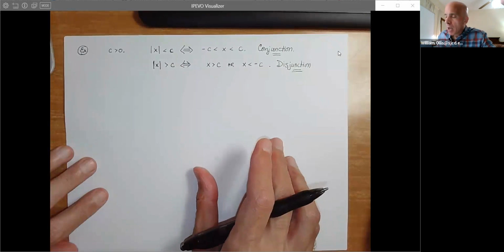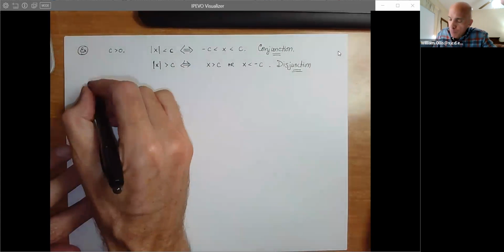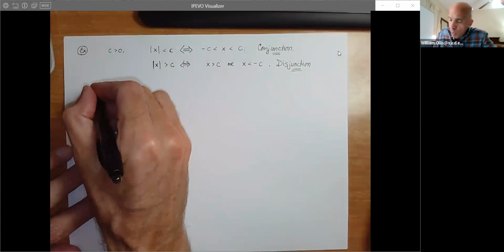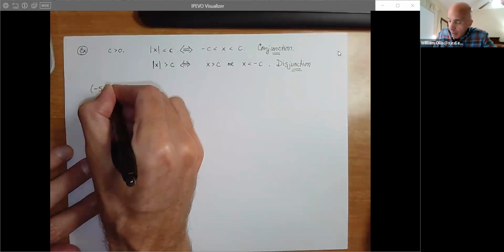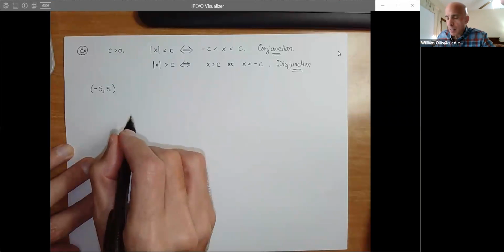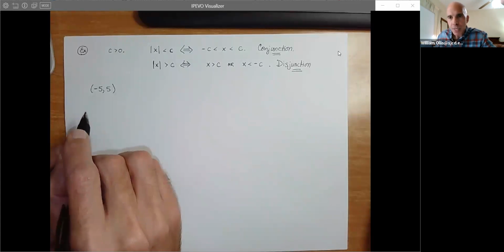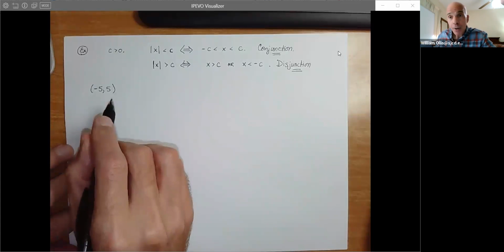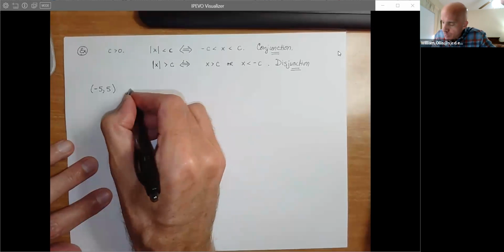Now, I'll do an example, but I want to give you a little algorithm. Say, for instance, you started out with this interval here, -5 to 5. You would say, Professor Ron, that interval is symmetric about 0. Why? Because the distance from 0 to 5 and the distance from 0 to -5 is 5.